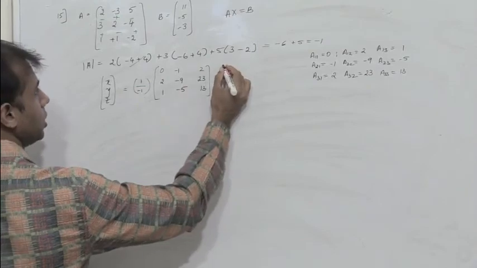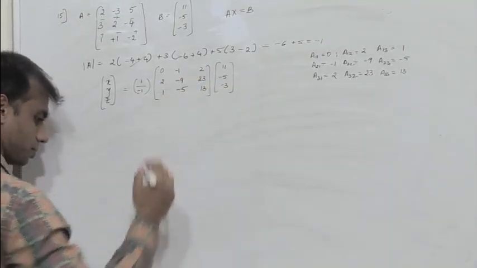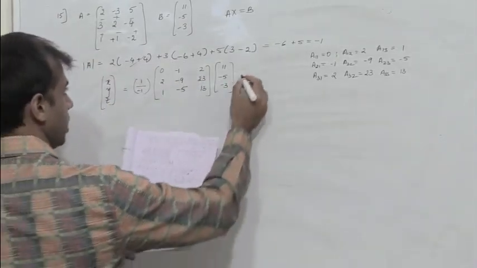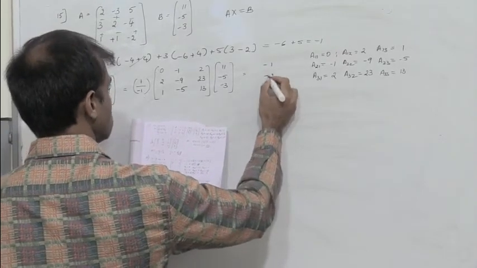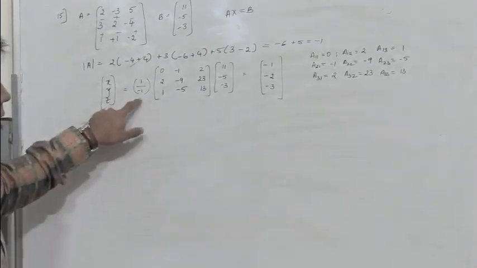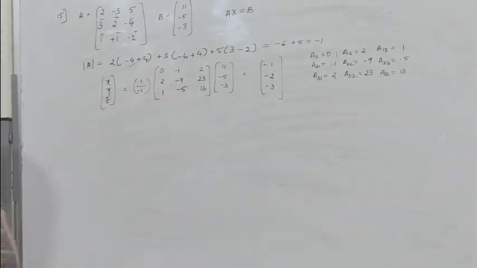I need to multiply it with 11, minus 5 and minus 3. When we do that, we get the answer as minus 1, minus 2, minus 3. So we get 1, 2 and 3 multiplied with a negative sign. The value of x, y and z is equal to minus 1, minus 2 and minus 3.